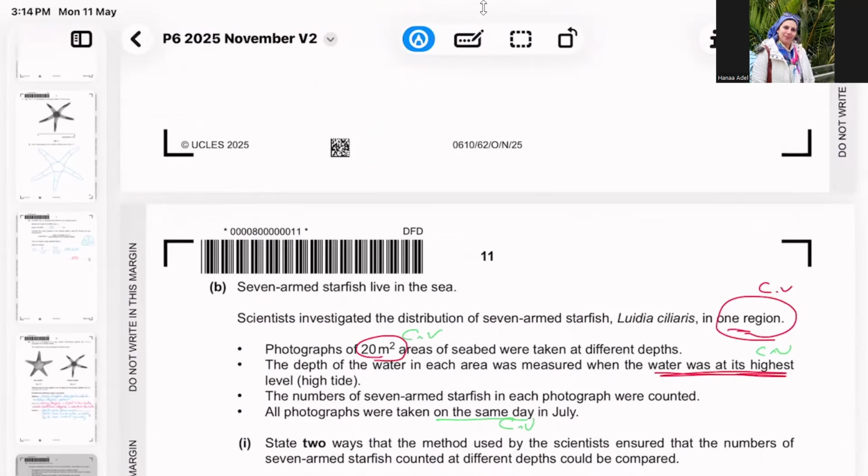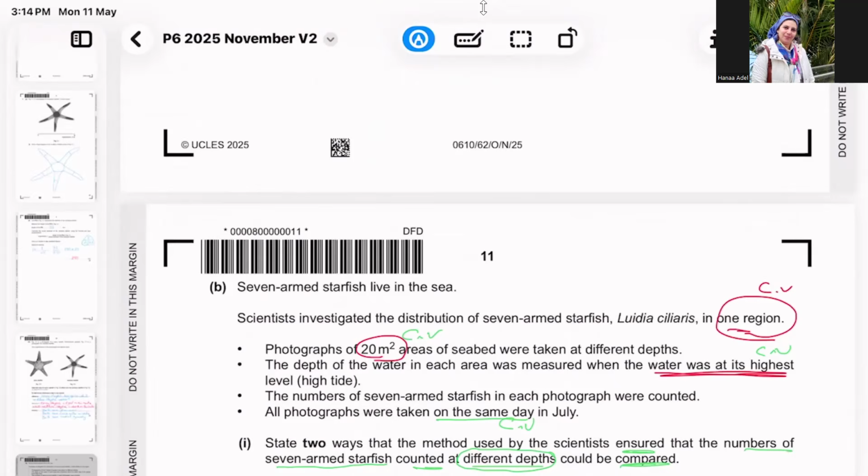State two ways that the method used by the scientists ensured that the number of 7-armed starfish counted at different depths could be compared. Different depth is the independent variable, because we have only one difference, but all the other factors are exactly the same. When we have an experiment, we have to change only one variable to know its effect. Not more than one variable should be changed, because we never know which one of them affects the result.